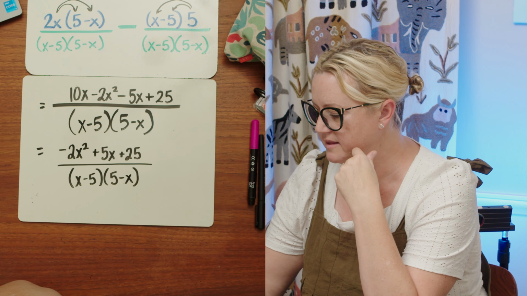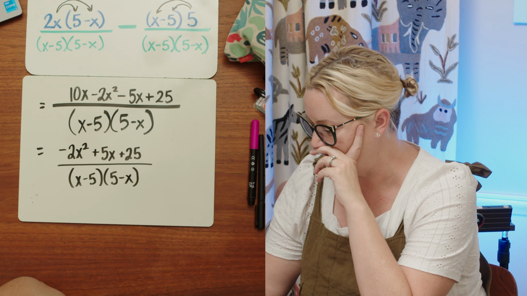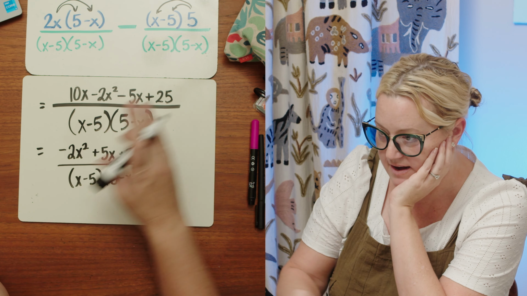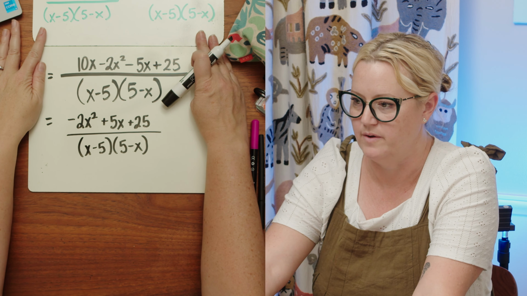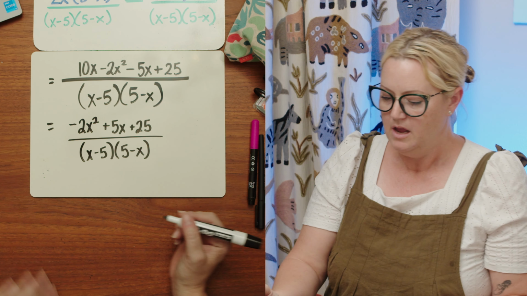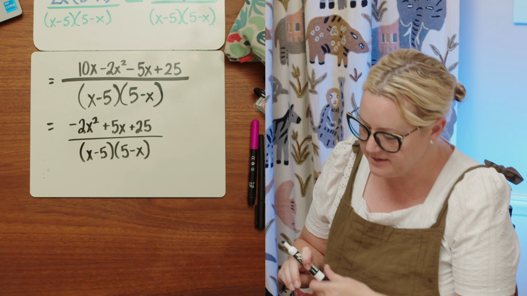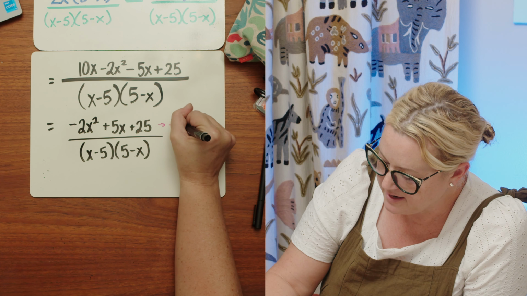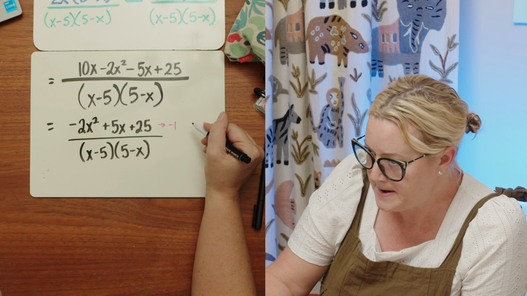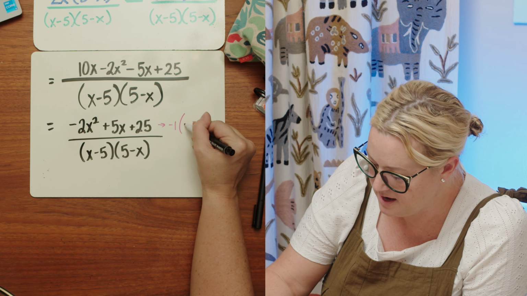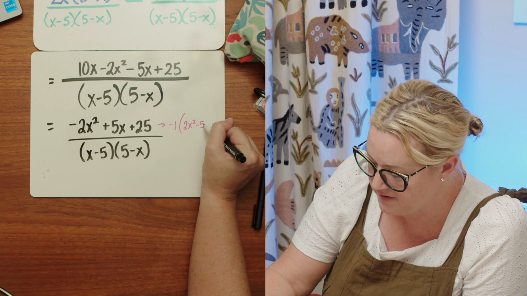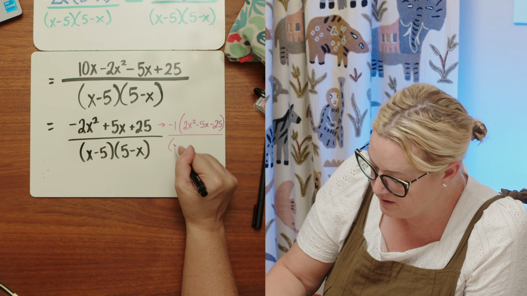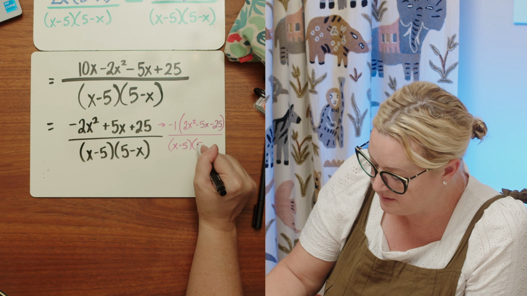So we're going to factor out the negative, and then we can factor the quadratic. If we take out this negative, I can rewrite this as negative 1 times 2x squared minus 5x minus 25, and still over x minus 5 times 5 minus x.